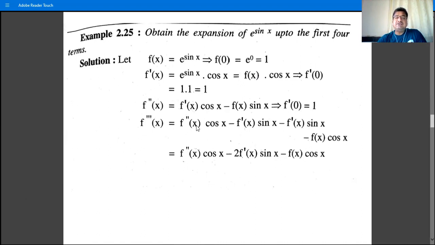Then f'''(x), again using the u into v rule here, f''(x) cos x as it is, f'(x) cos x derivative is minus sin x. So we have minus, and there is a negative sign on the next part, so write it in bracket.